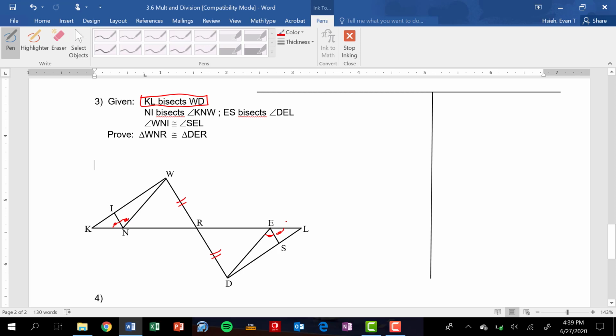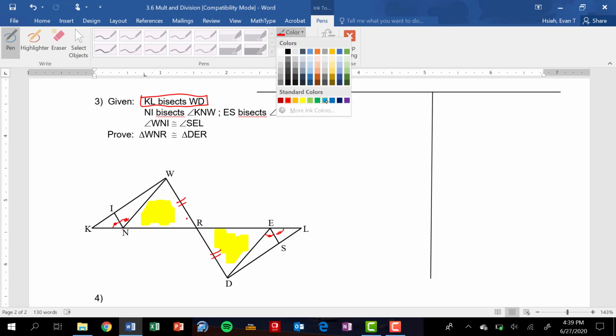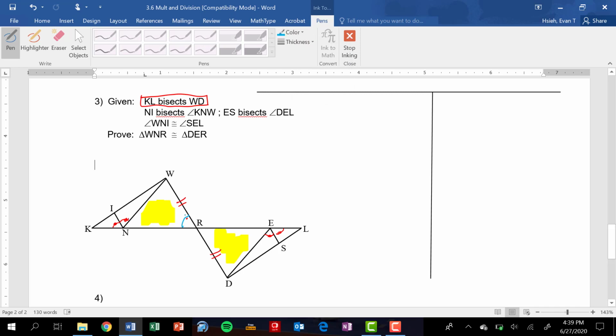And we're trying to prove the triangles congruent, so we're trying to get at these guys. I have to ask myself, all right, I need 3 pieces to prove those triangles congruent. I have 1. Looks like I have another one here. Let's try a different color. Another one right here is congruent to this one. Vertical angles.